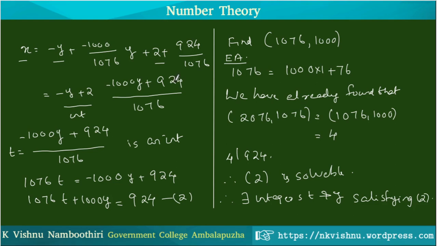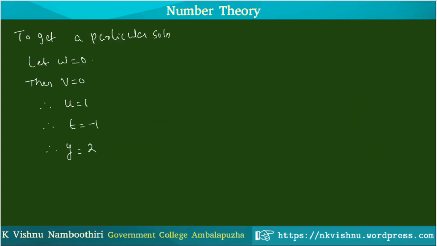Minus 1076 by 1076, therefore this value is going to be equal to minus 1. Therefore x is equal to minus 1. So we found a particular solution, x equal to minus 1. Therefore a particular solution is minus 1, 2.